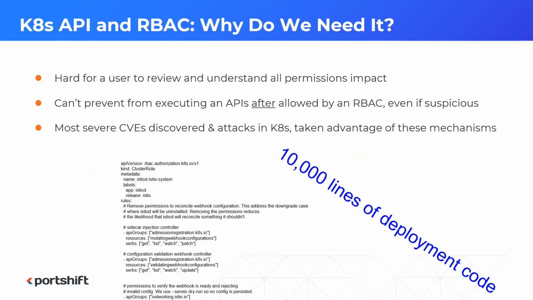So looking at the role-based access controls is very tedious. You have long and huge YAML files displaying role-based access controls. It's very hard sometimes to sort them out and read them all.